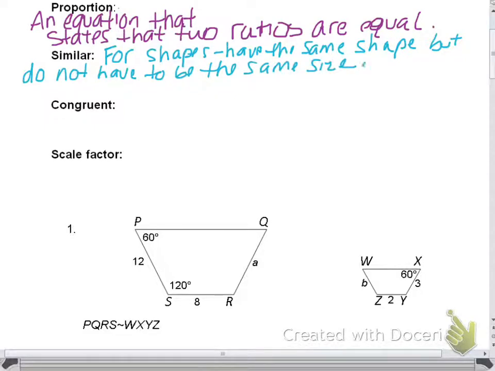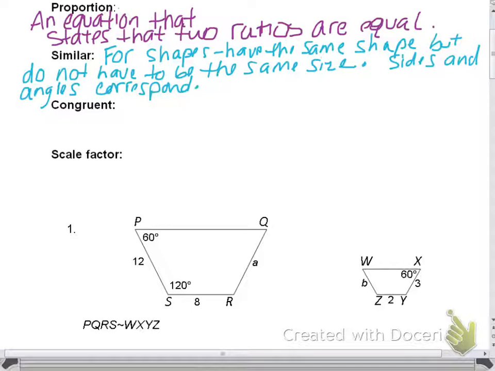So within two similar shapes, sides and angles correspond. And we'll talk more about that down below when we can look at these two shapes as examples.